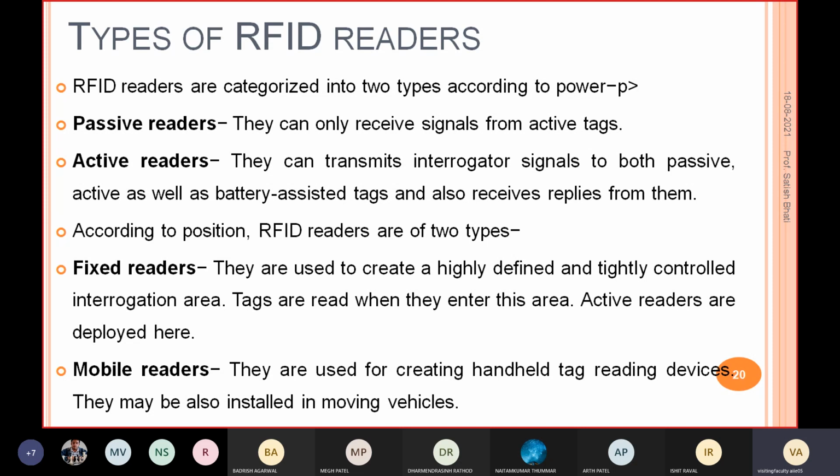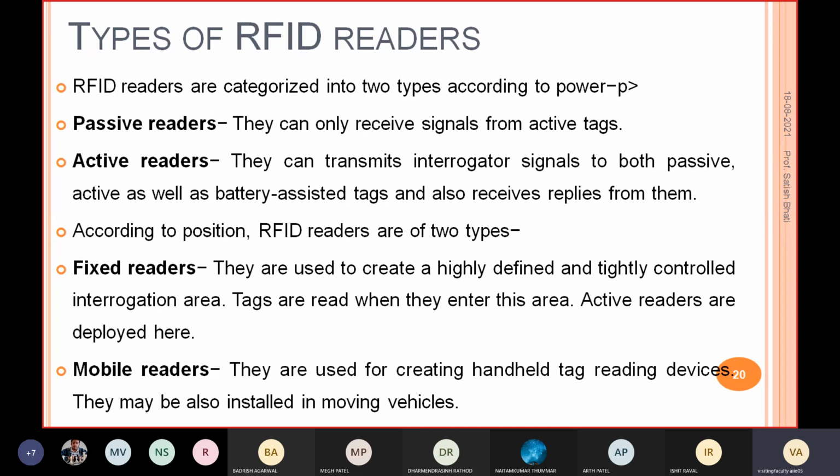Say your reader has a range of some 10 feet. Now you move from one place to another, and its range also moves. Range is the radius around the reader. So 10 feet means you put the reader in the center, and from that center you draw a circle of 10 feet radius.